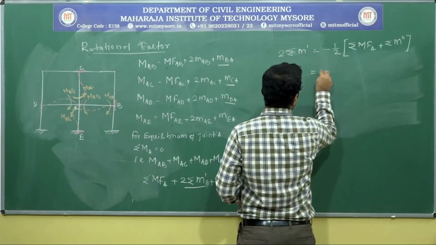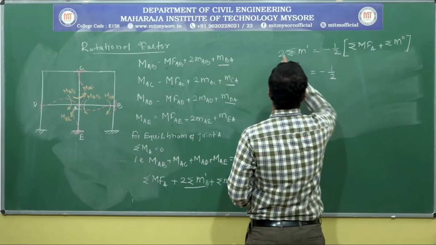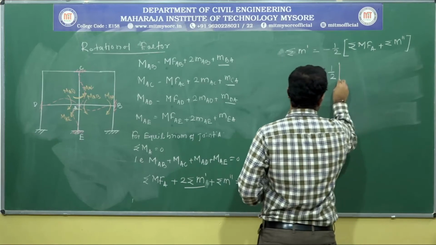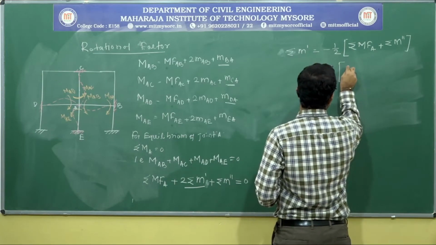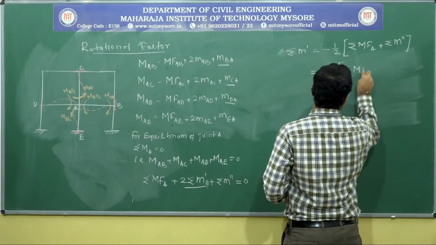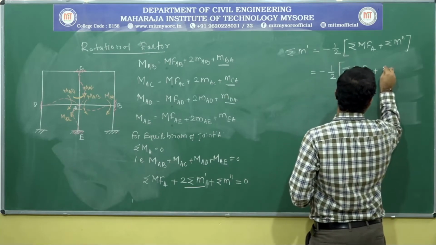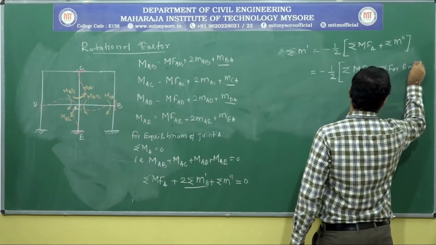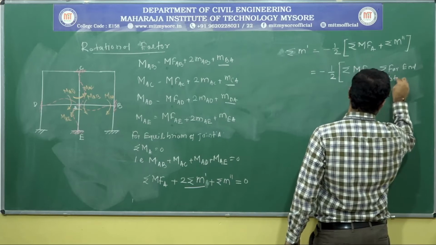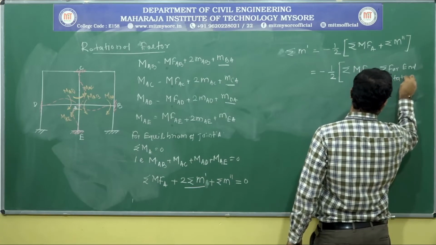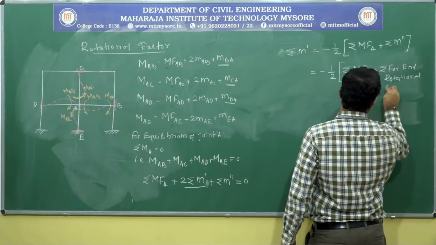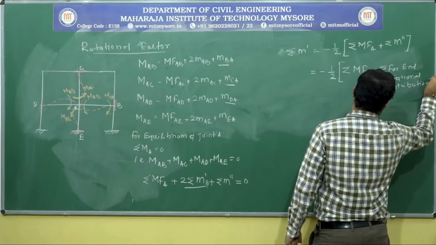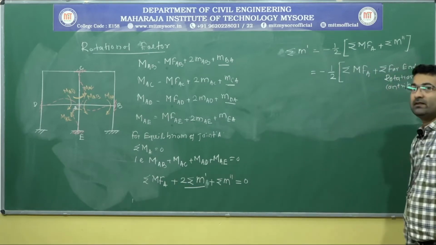So I can write this as minus 1 by 2 into the summation of fixed end moments at A plus the summation of far end rotational contribution, or you can say rotational moment, right.